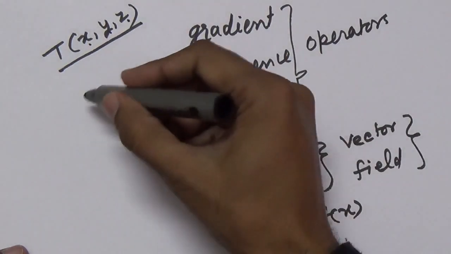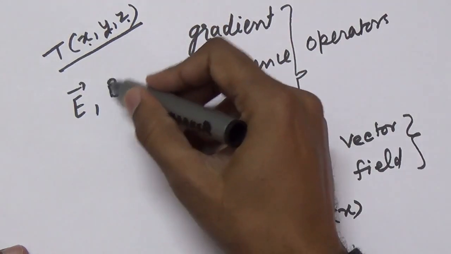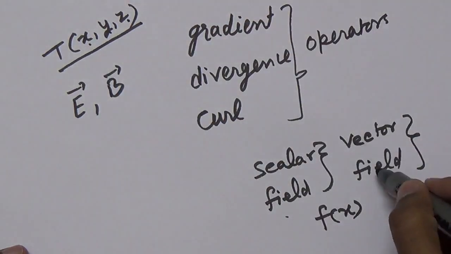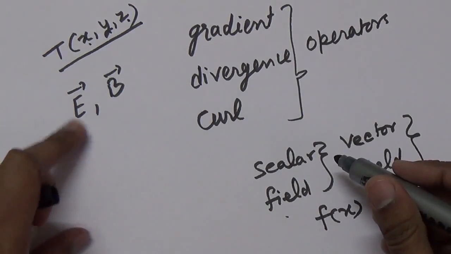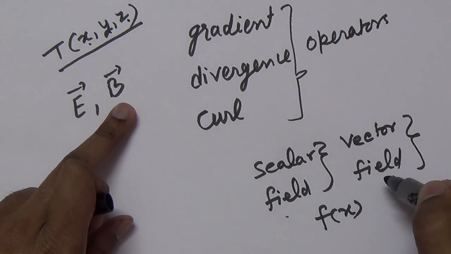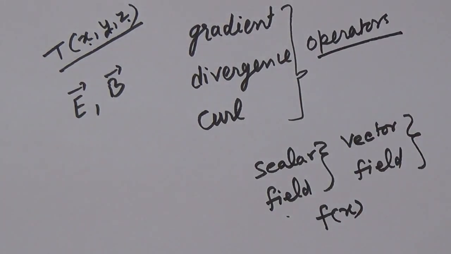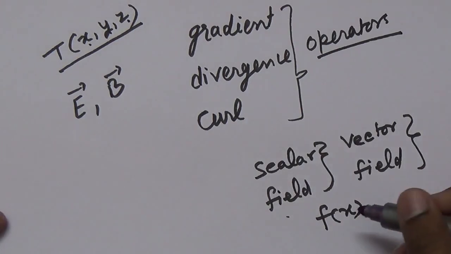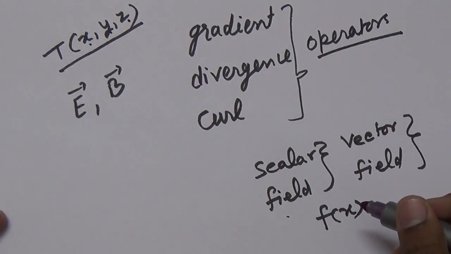The second point is the electric field and magnetic field. These are vector fields. So T is a scalar field, and the electric and magnetic fields are vector fields. These are the operators. Now what we have to do, first, is develop a mathematical formulation, a mathematical development, to study electrodynamics.